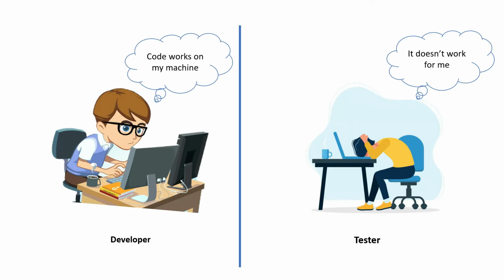So it's called the "it's working on my machine" syndrome, and it is very frustrating when it happens every time we are deploying to multiple environments, or while we are shifting things from our local machine to a different environment. And then it takes a lot of hours, or a lot of effort, to find out what actually is the issue.